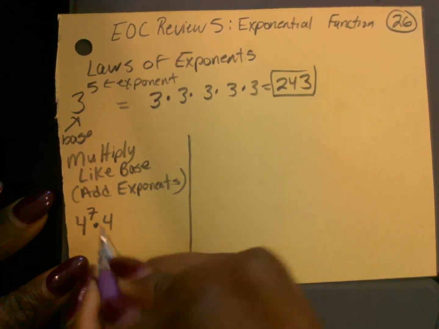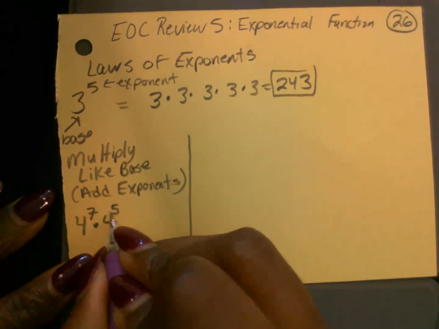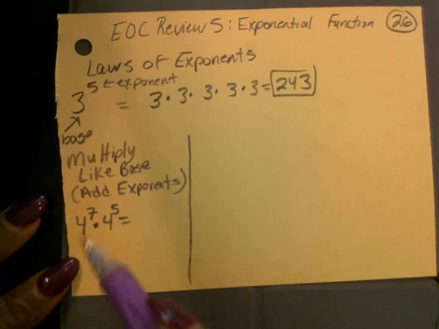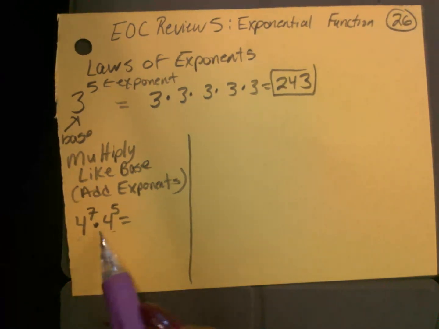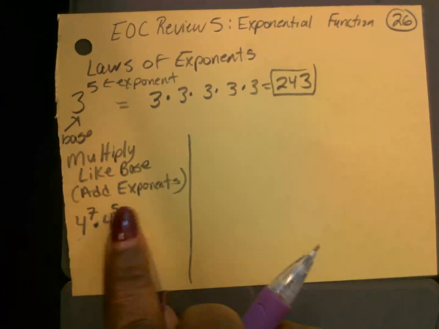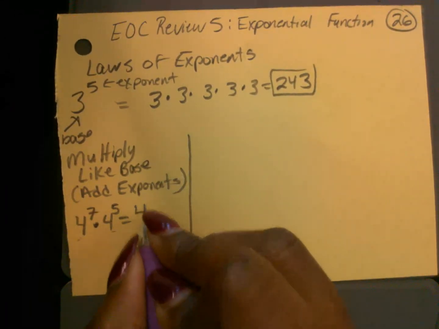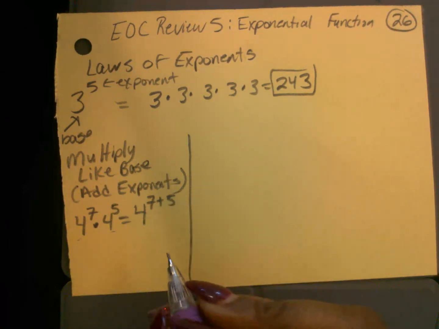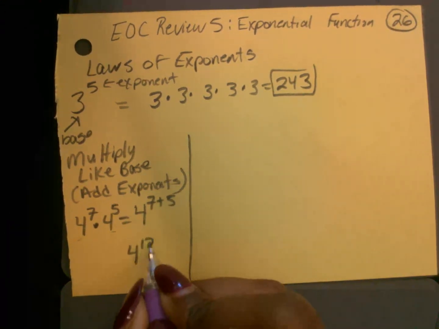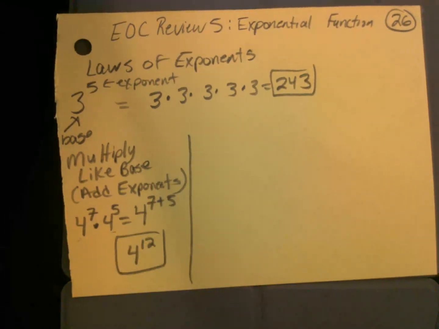You see how the bases are the same? That's the same as saying 4 is being multiplied 7 times, and then 4 is being multiplied 5 times. So when you're multiplying and they have the same base, all you have to do is add the exponents. That's 7 plus 5. What's 7 plus 5? 12. So your answer is going to be 4 to the 12th power. Any questions about that?